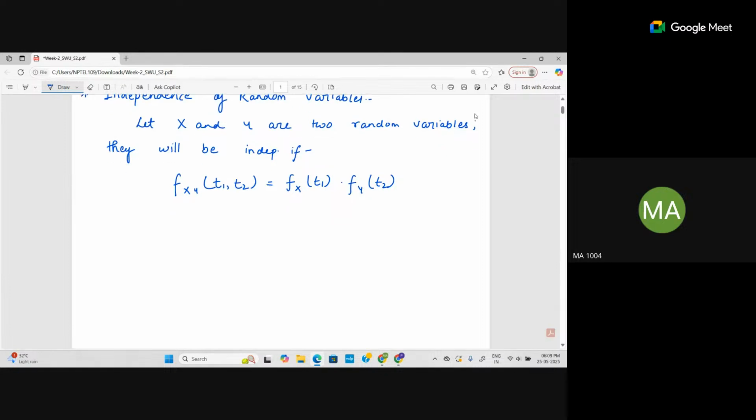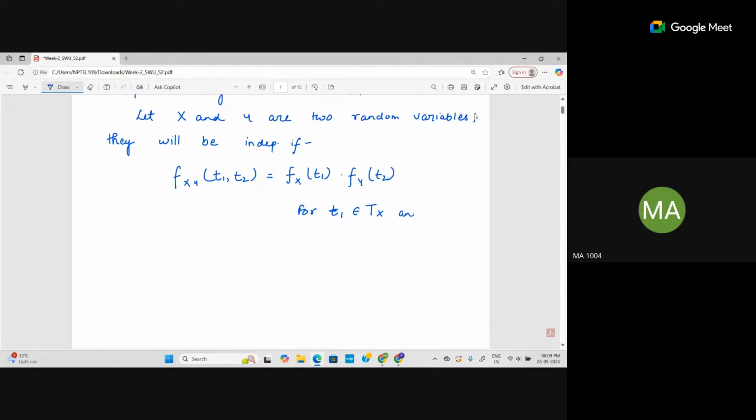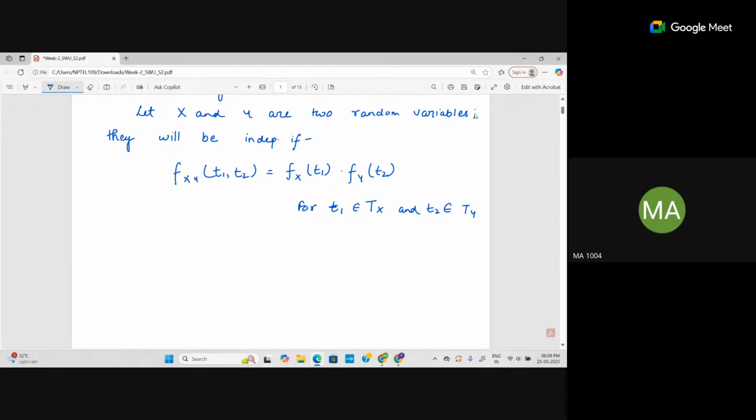And this should be true for all t1 belonging to the range of x and t2 belonging to the range of y. So this is for two random variables.